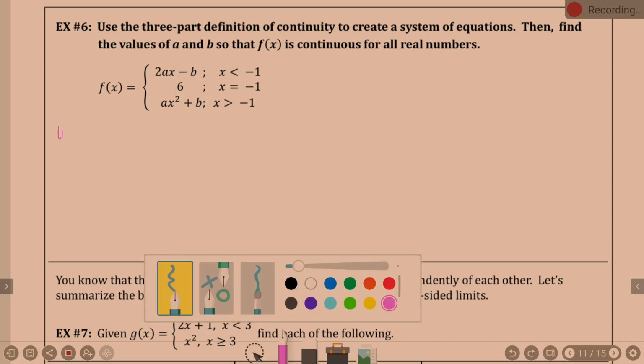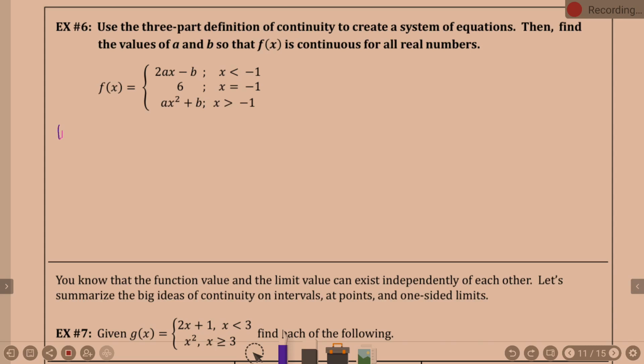The limit as x approaches what value? -1. I'll start with from the left of f of x. What piece am I using there? It's the 2ax minus b, right?